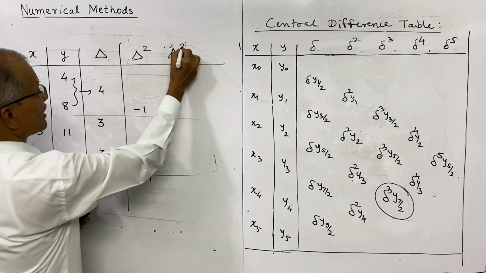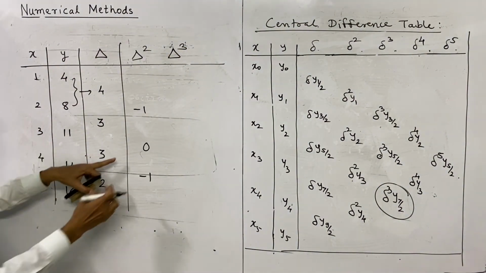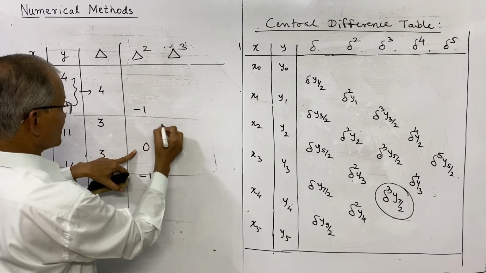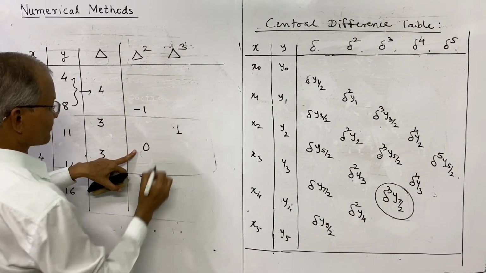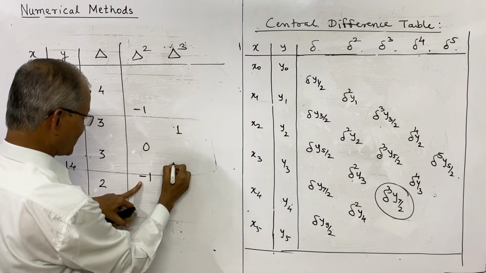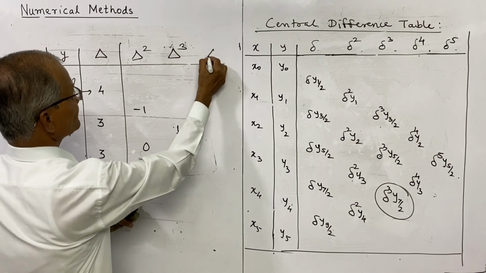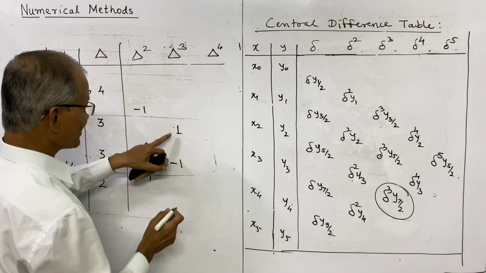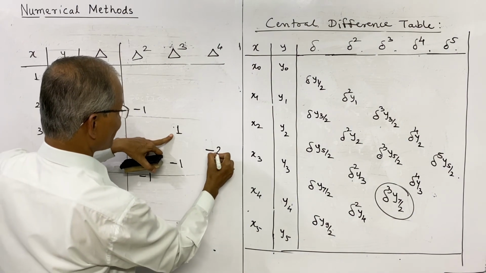And what is delta cube? Delta cube will be 0 minus 1, that is 0 minus minus 1, that is plus 1, and this is minus 1 minus 0, that is minus 1. What will be delta to the power 4? And this is minus 1 minus 1, that is minus 2.